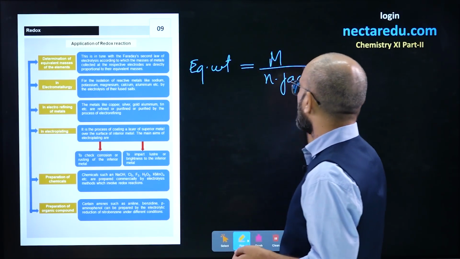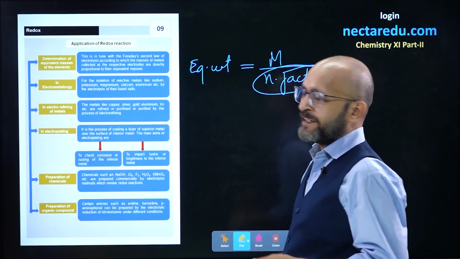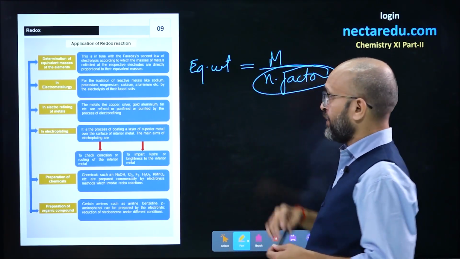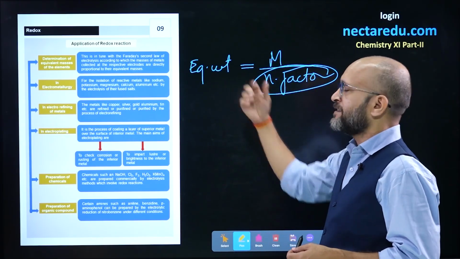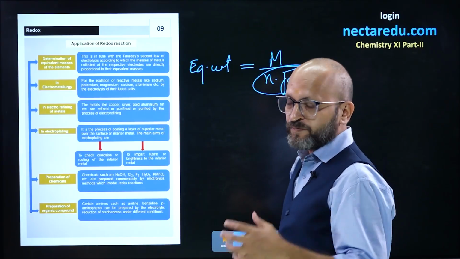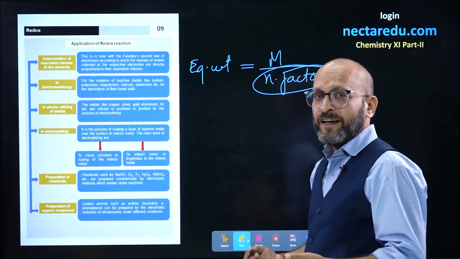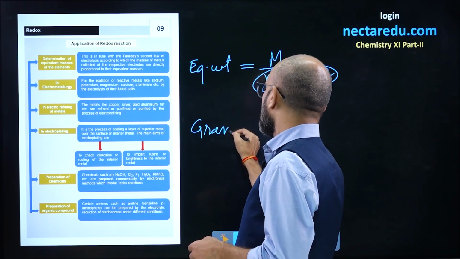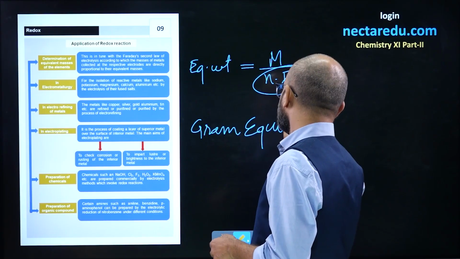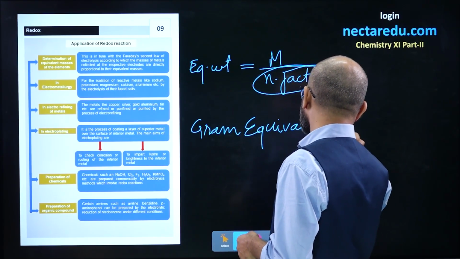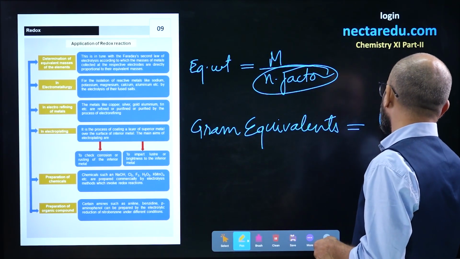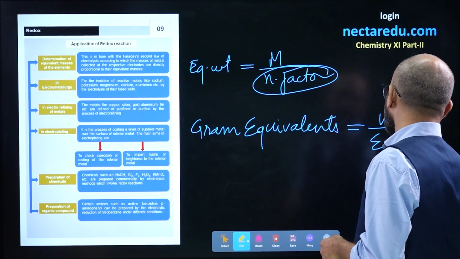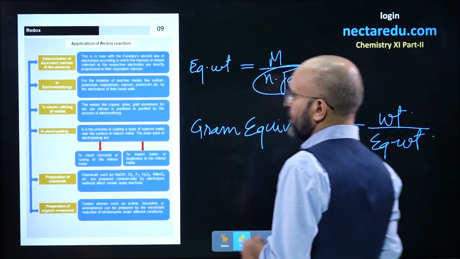If we know the n factor value, we can easily calculate the equivalent weight of a particular species. If we can calculate equivalent weight, then we can calculate gram equivalents of a substance, which equals given weight upon equivalent weight.